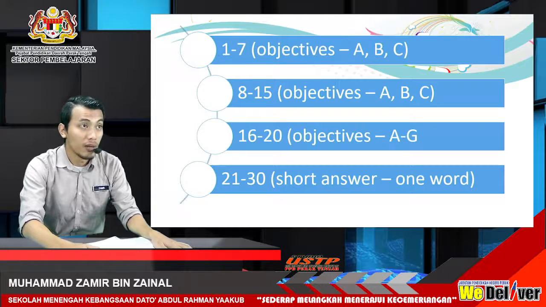Okay, so basically the overall look of the paper is questions 1 until 7 objective, A, B, or C. Questions 8 until 15 objective, A, B, or C. And then questions 16 until 20 objective, where you have 7 options, option A until G. And for questions 21 until 30, there is a short answer or one word response.